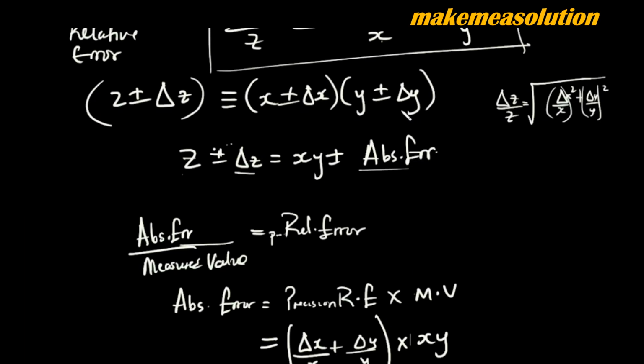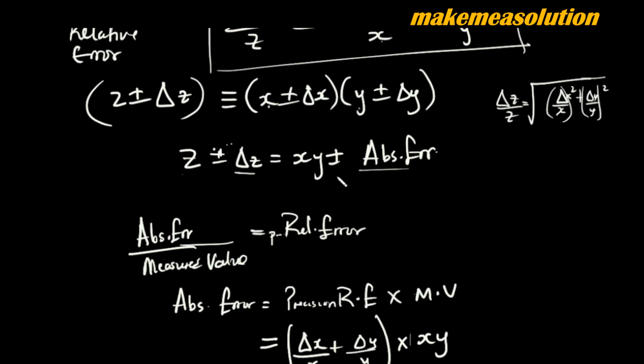Now there's something else you should know. This multiplication is not just restricted to two quantities. It can be three quantities, 4 or 5. So the underlying methodology will still hold, in the sense that to get the measured value, all the measured values from the contributing quantities will multiply themselves.